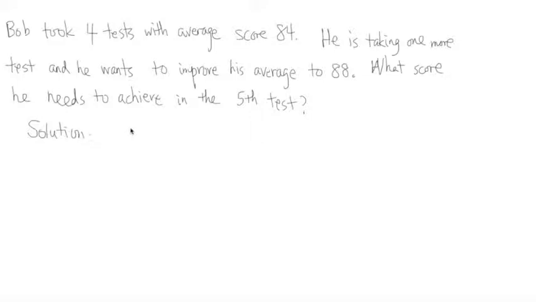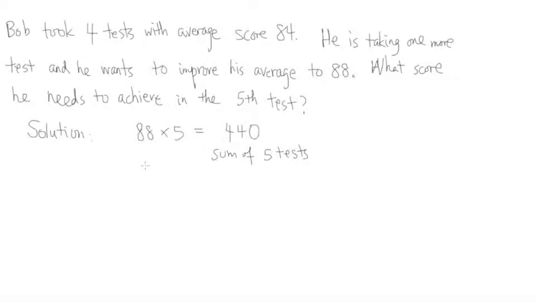So how do we do this problem? Well, if the average is 88, then we would know the total score. So this multiplication, 88 times 5, will be the sum of all 5 tests, and that is 440.